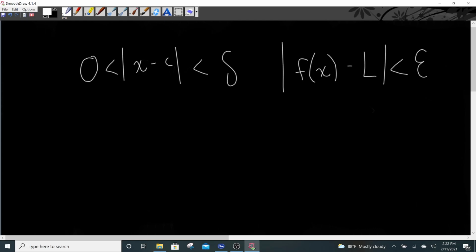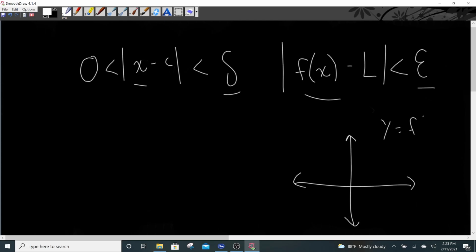So, what does that mean? Well, we have x here and delta here, and we have f of x here and epsilon here. If we have x and y axes, and we define that y is equal to f of x, then the limit as x approaches c of f of x equals L is also an expression.